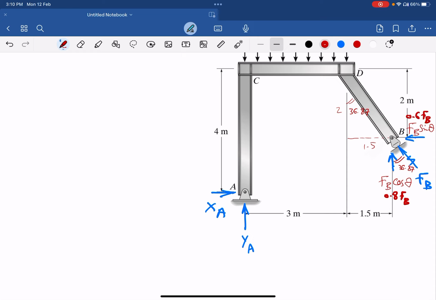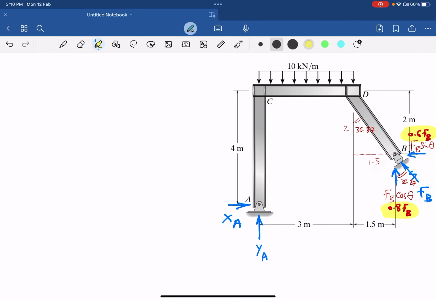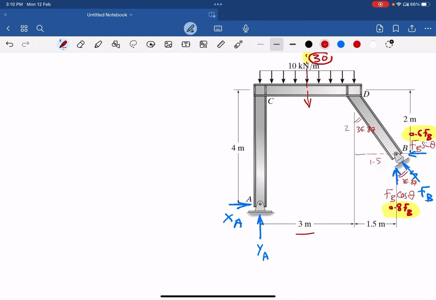So we have two forces, both depending on FB, with components 0.8 and 0.6. In addition, we have to find the resultant force from this uniform load. The resultant force is at the middle, and the value will be 10 times 3 equals 30 kilonewton. Distances here will be 1.5 meter and the other 1.5 meter.